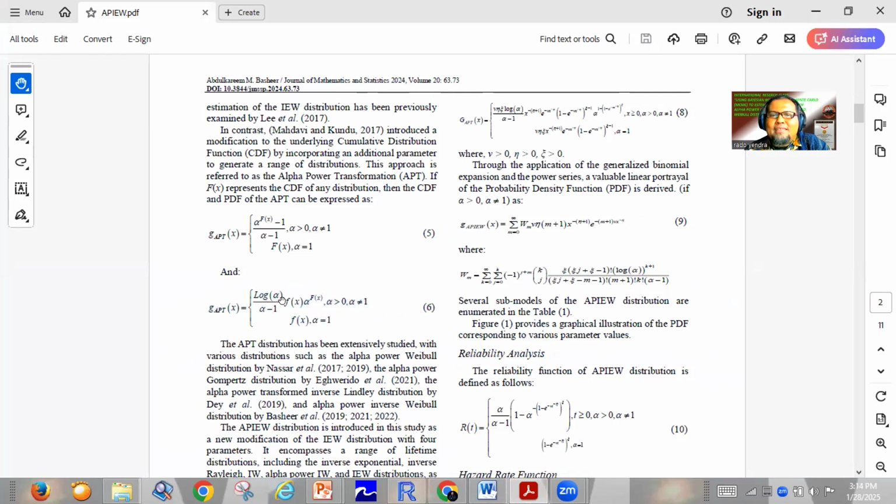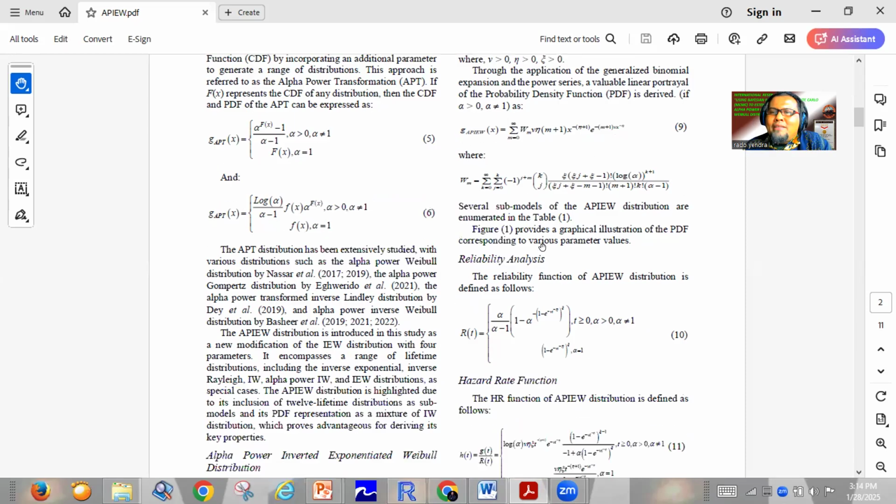With the density function, we use the density function of the generalized inverse power Rado Institute distribution, and we use the cumulative of the generalized inverse power Rado Institute distribution.